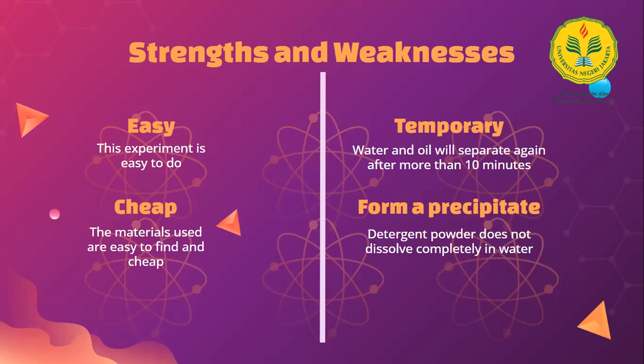And second, there is a surface tension that makes it difficult for oil molecules to absorb hydroxyl ions in water. And third, the mass of oil is lighter than water. This experiment also finds a precipitate. If left for a while, precipitate will form because detergent powder is not completely dissolved in water and forms a foam.